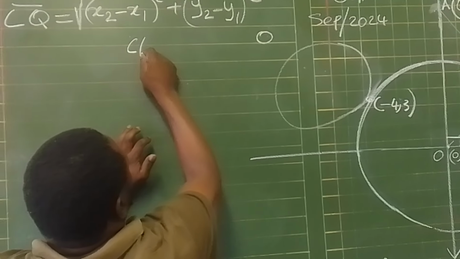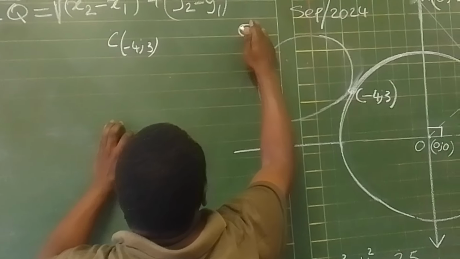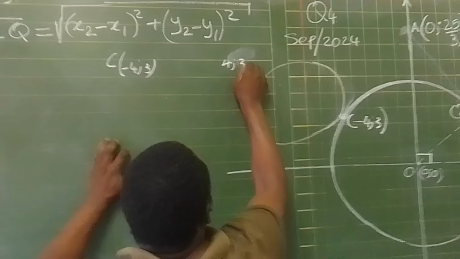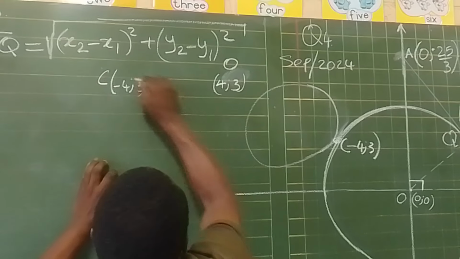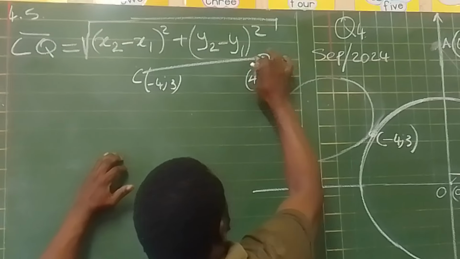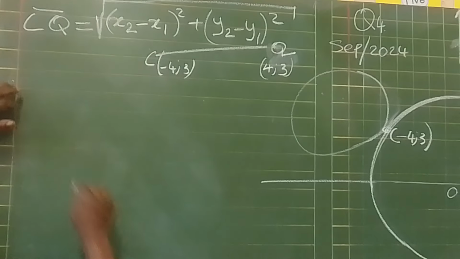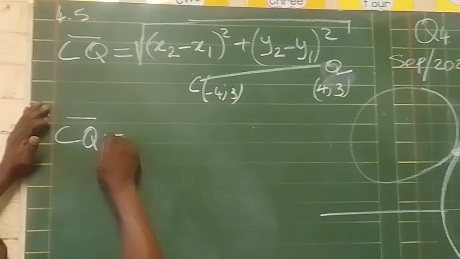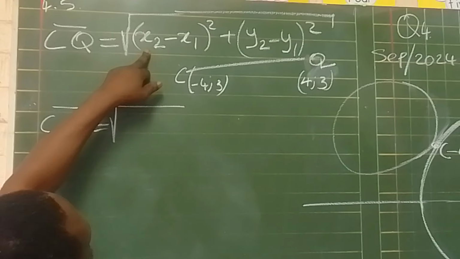So your C is (-4, 3), and your Q is (4, 3). Here is your Q. So you are going to say CQ is equal to the square root of x2 minus x1, squared.